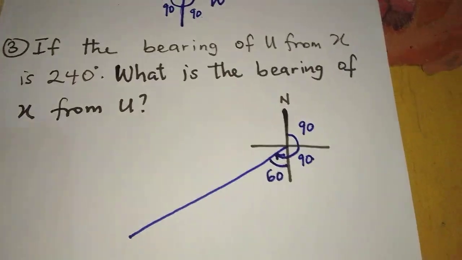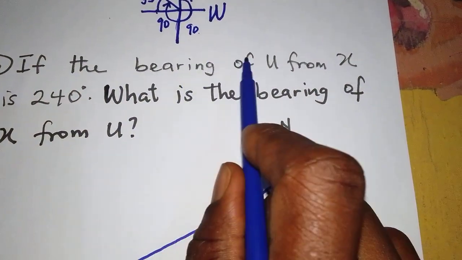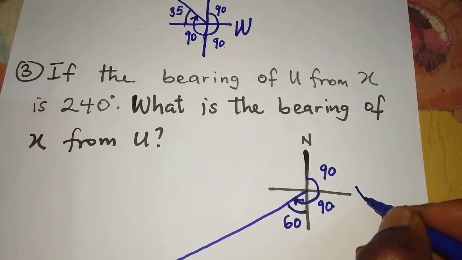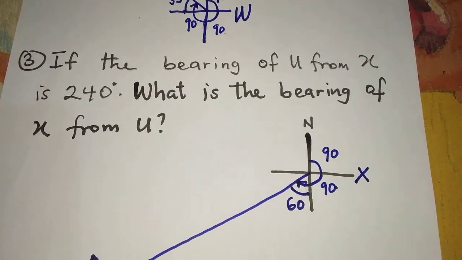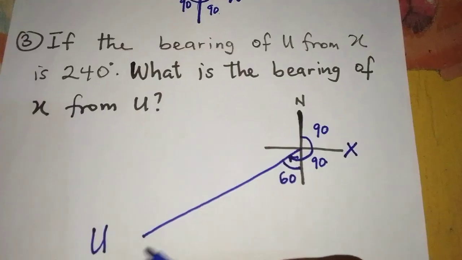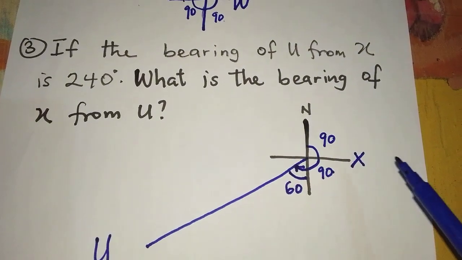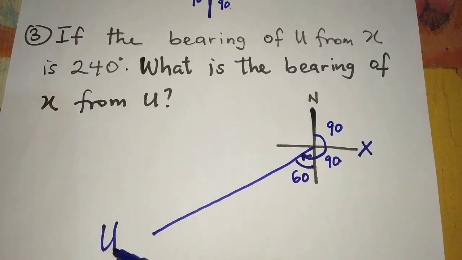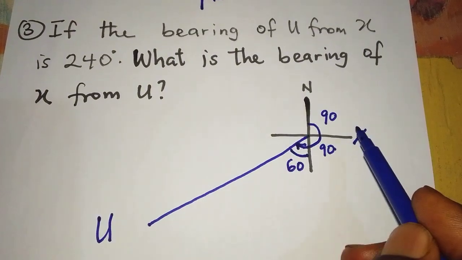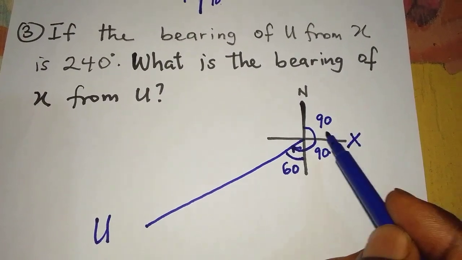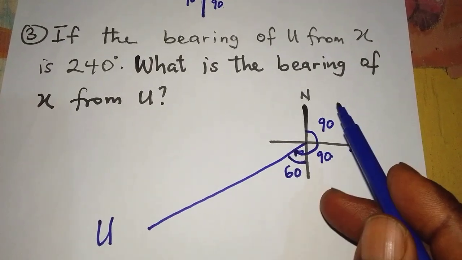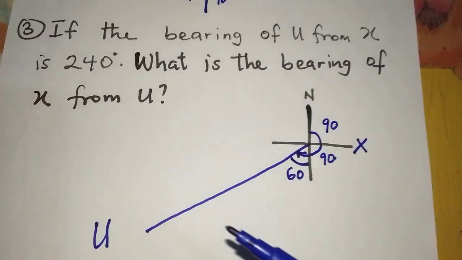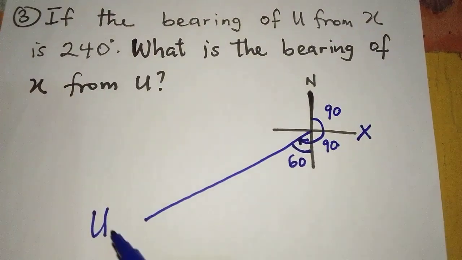Now, let's come back to the question. If the bearing of U from X is 240 degrees, it means this point is X, while this point is U. What is the bearing of X from U?